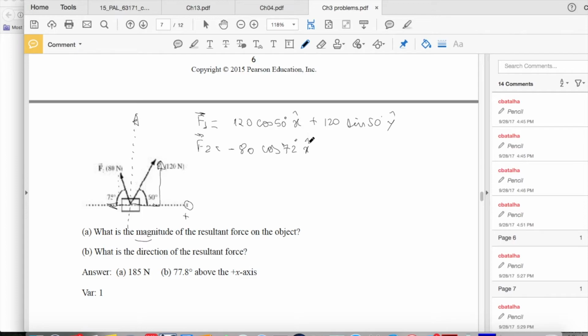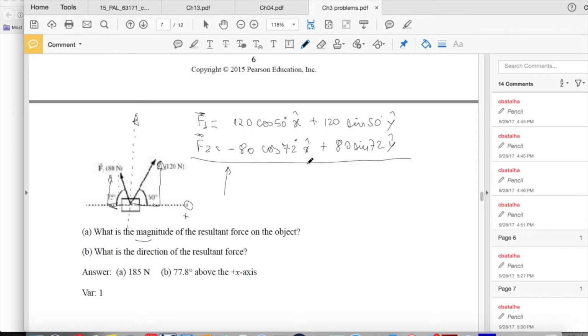In the x direction it is negative, indicating to the left. Plus the projection of F2, the rise of F2, is positive 80 sine of 72, in the y direction.